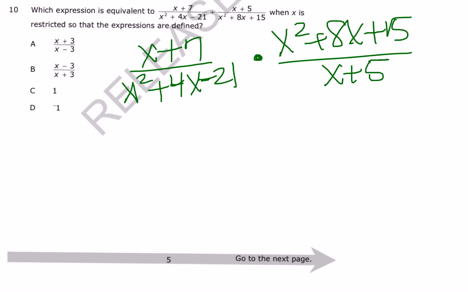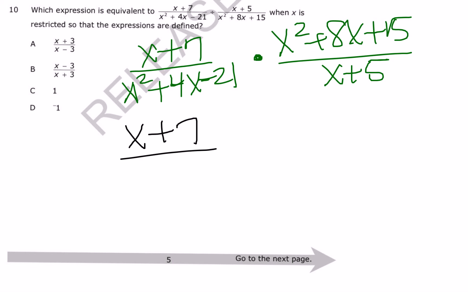So the only parts that you can factor are the trinomials, which we can do with the x factor. X plus 7 and x plus 5 are already simplified for us. So if we factor it, it's going to give us x plus 7.